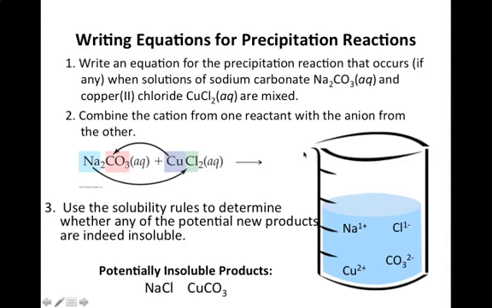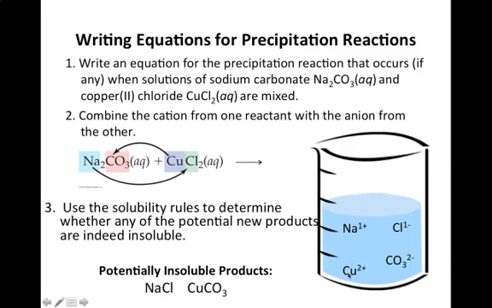We take our sodium carbonate and it ionizes, because it is soluble based on the solubility rules, so it breaks apart into sodium ion and carbonate ion. You take your copper chloride, based on the solubility rules, it's aqueous, so it breaks apart into copper ion and chloride ion. Now you have all your ions free in an aqueous solution.